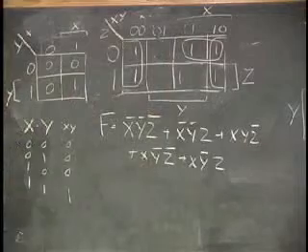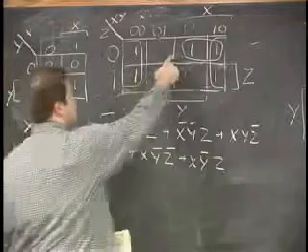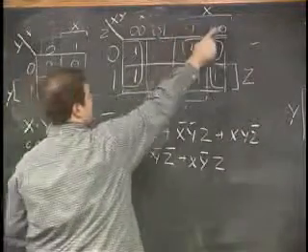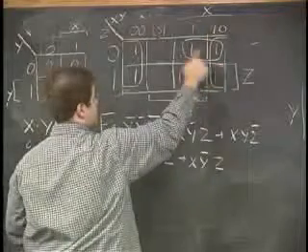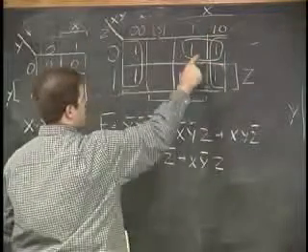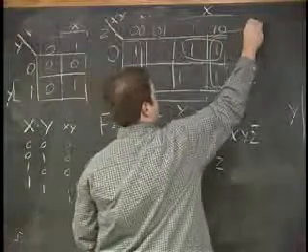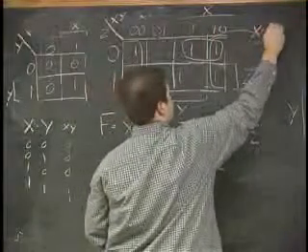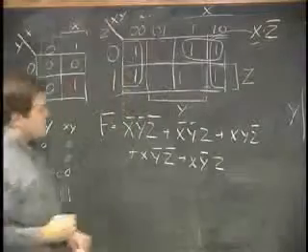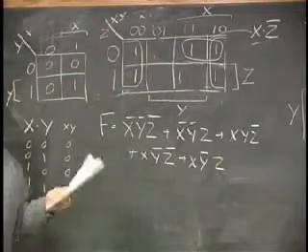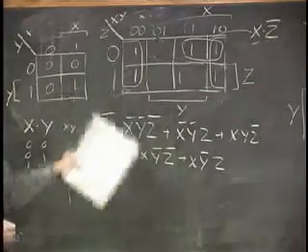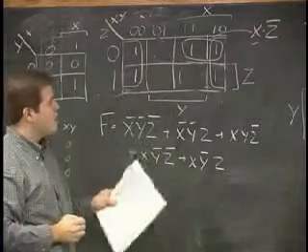Now, we know this one, so let's do this one first. It stays the same in x, it stays the same in z, so it changes in y. So we eliminate y. So this becomes x, not z. Okay? Now, for our four tuple, let's think about what this is.